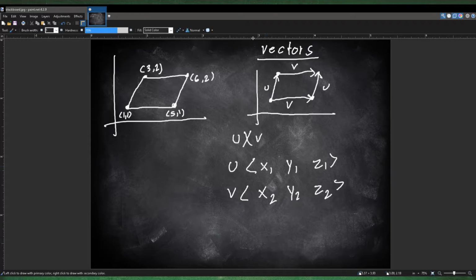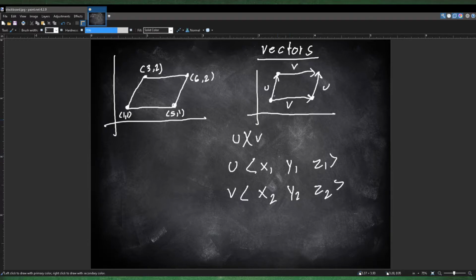So x1 is the change from this point to this point in the x direction, y1 is the change in the y direction, and z1 is the change in the z direction. So for u, x, y, and z are just the change in x, change in y, and change in z.